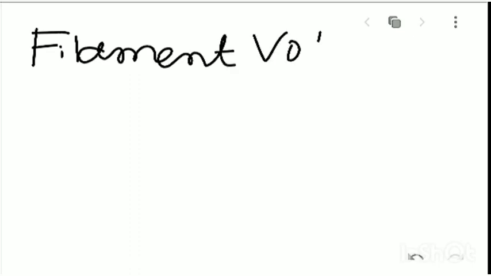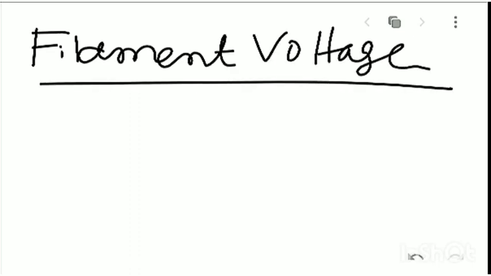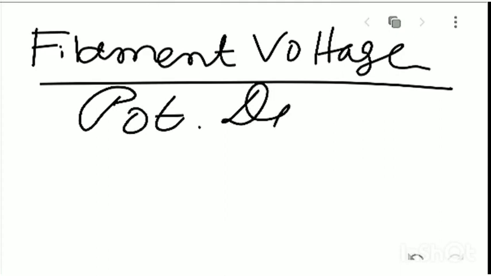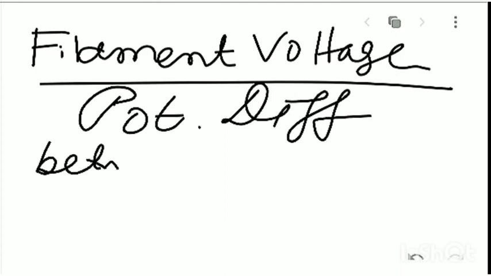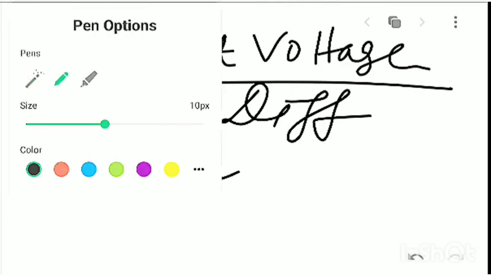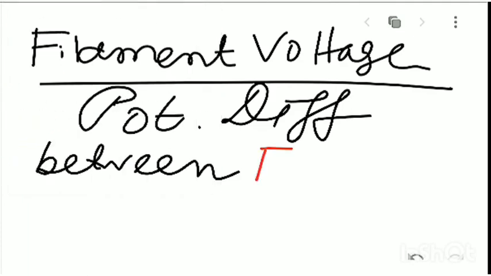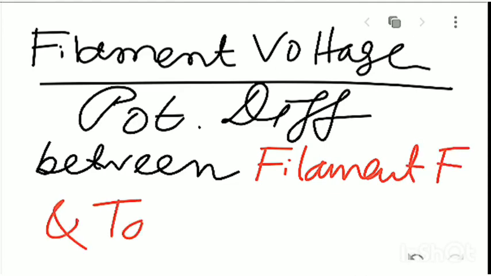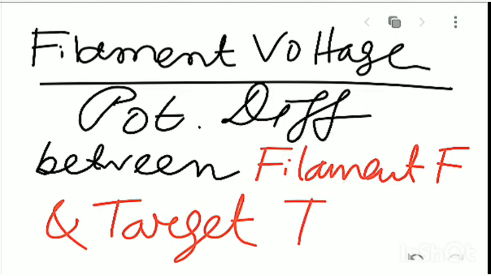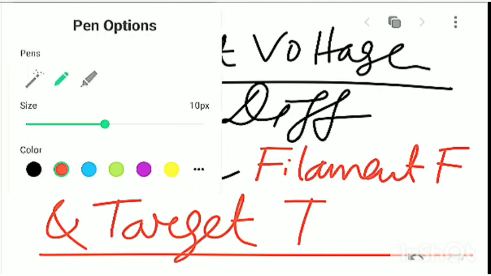It depends on the filament voltage, or more precisely, the potential difference between the filament F and target T. If I increase the potential difference to a higher value, then I will have X-rays with higher energy.